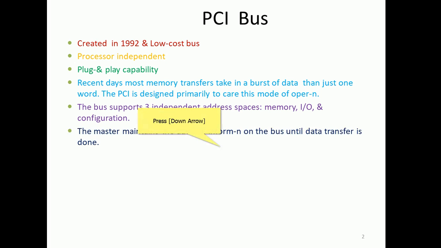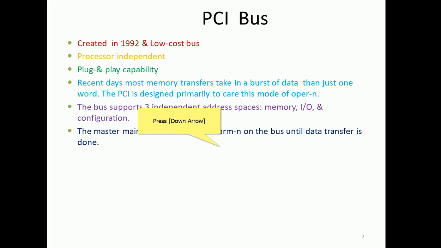The master maintains the address information on the bus until the data transfer is done. We have discussed this at length in the previous case. The master transmits the data to the client or slave. The slave, since it is an electromechanical device, may have a relatively lesser speed, because an electromechanical component is involved. Going to a closer discussion, data will be transmitted to the slaves.